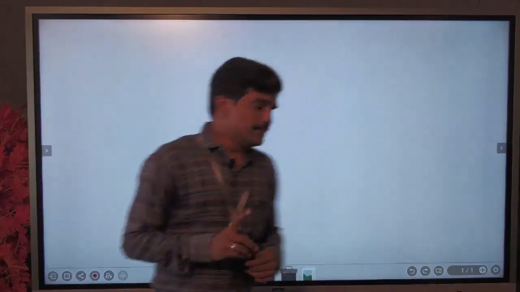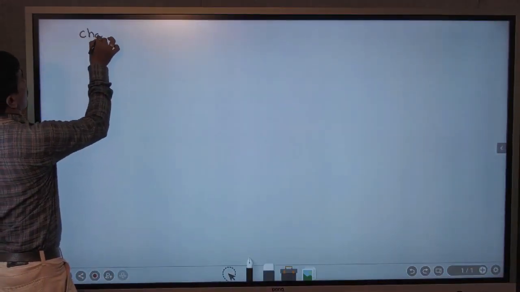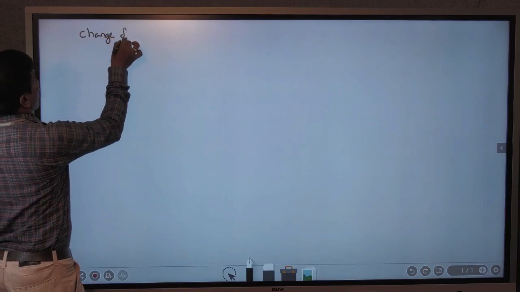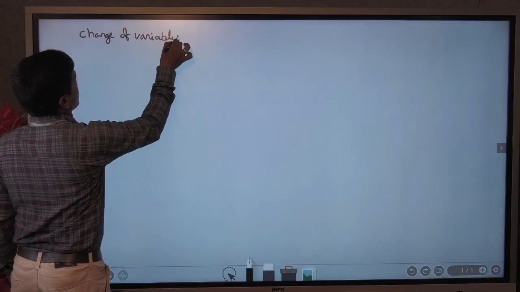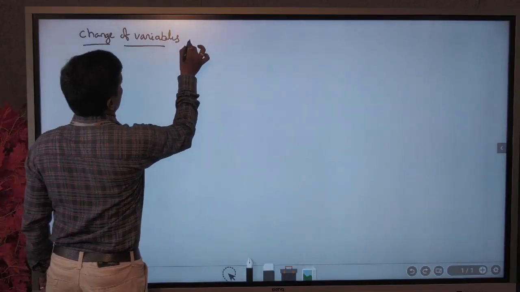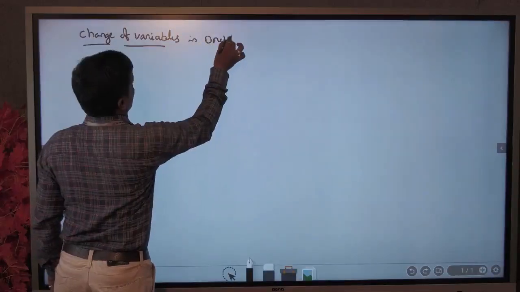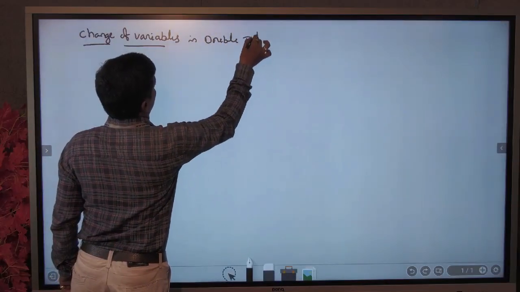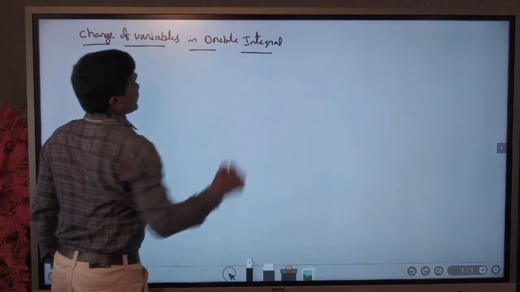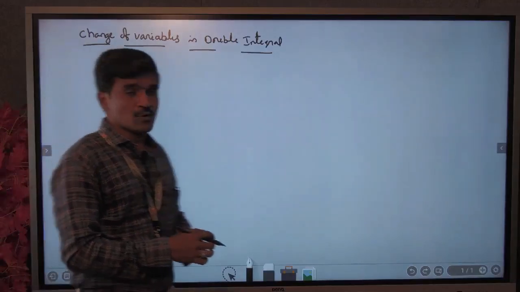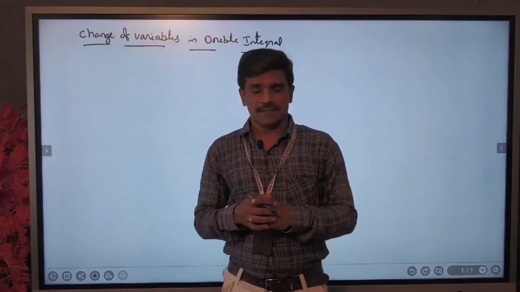Change of variables in double integral. Actually, every double integral problem may not be simple to evaluate, right.